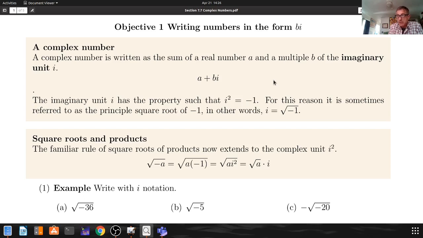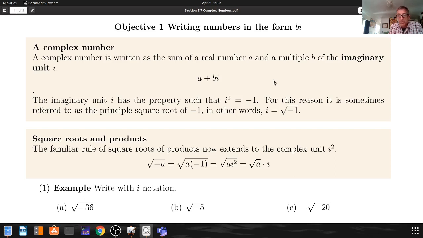So it's a solution to the equation x squared plus 1 is equal to 0. And for this reason, it's sometimes referred to as the principal square root of minus 1. So another way to think about i is that i is equal to the square root of minus 1. And i is the imaginary unit.